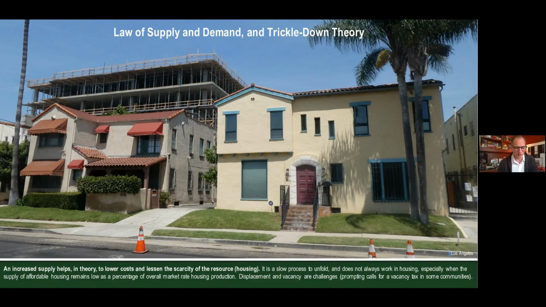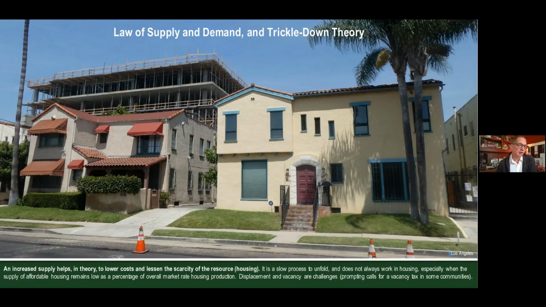We also hear a lot about the trickle down theory, that if you build more housing, it will free up other types of housing to be more affordable. Does this actually work? I think there's some debate on this question, especially if we're not building affordable housing equivalent to what we're losing.